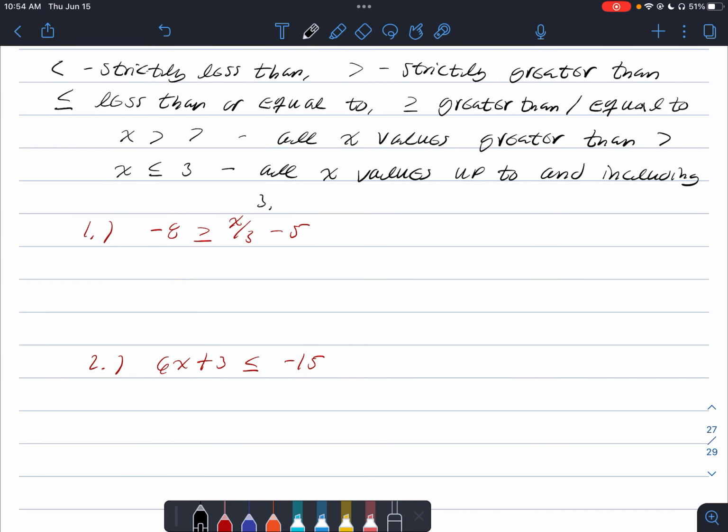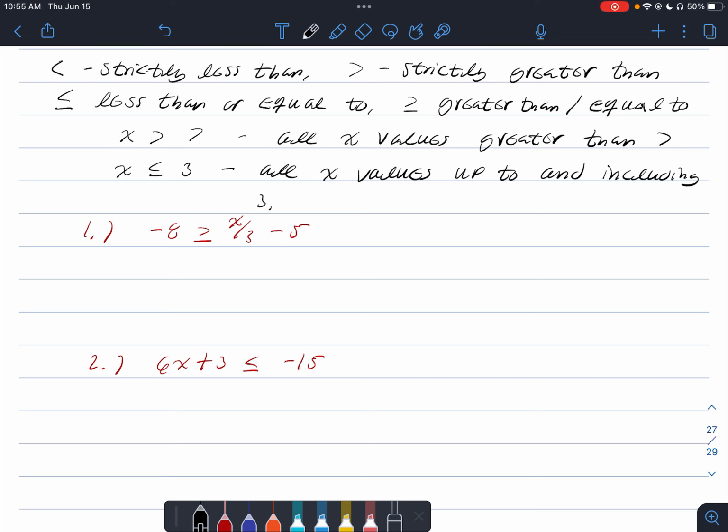Other than that, you basically solve these just like any other type of equation. The only thing you have to remember is that if you multiply or divide by a negative number on both sides of the inequality, you have to flip the direction of the sign.